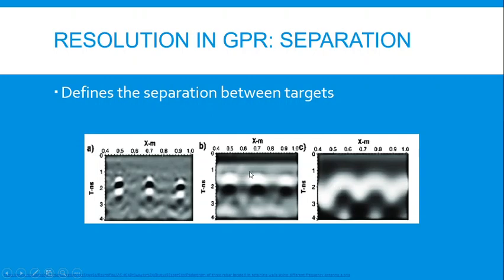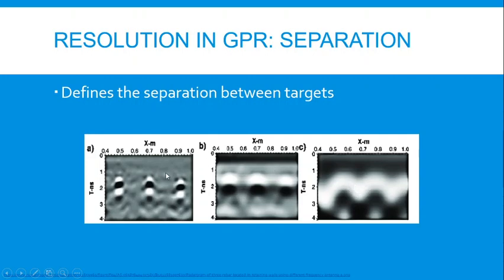So in this case the resolution is very high, and the sharpness of the image can be seen as very high, of very high quality. But in image B, the resolution and sharpness decrease, and as we go into the C scan, this C image, the resolution decreases further, and the sharpness also.